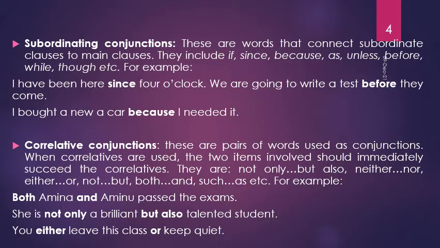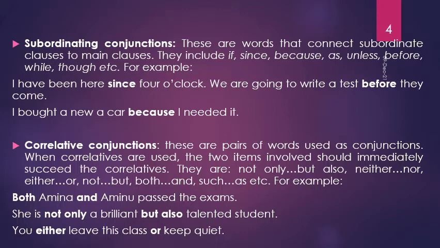For example, I have been here since 4 o'clock. We are going to write a test before they come. I bought a new car because I needed it. We can see that words like since, before, and because join the clauses to the main clauses.